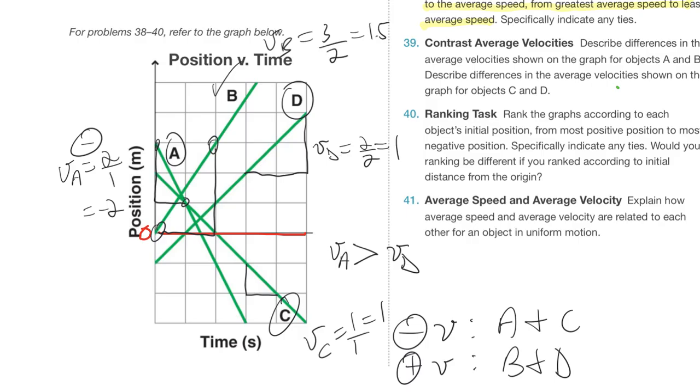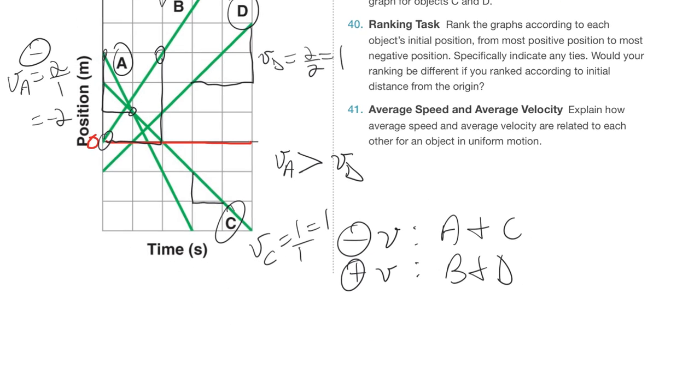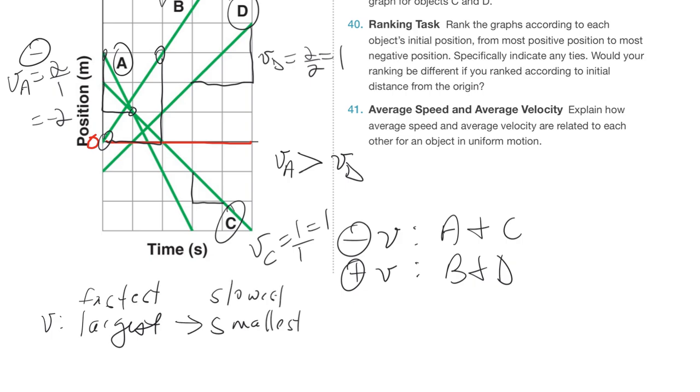Okay, so if we were to rank these from largest to smallest velocity, fastest to slowest, don't use the negatives. So the fastest to slowest average velocities, you go from the steepest to the less steep ones.